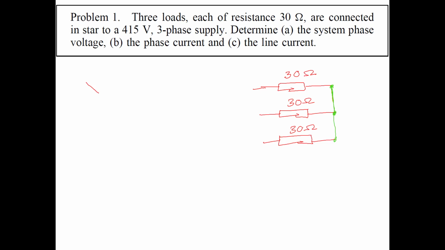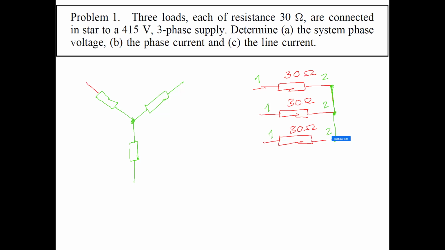Now in graphical representation, we can represent it this way. One of the terminals is common here, then we have another terminal here, and then the other branches. I can consider this as 1, 2, 1, 2, and 1, 2.